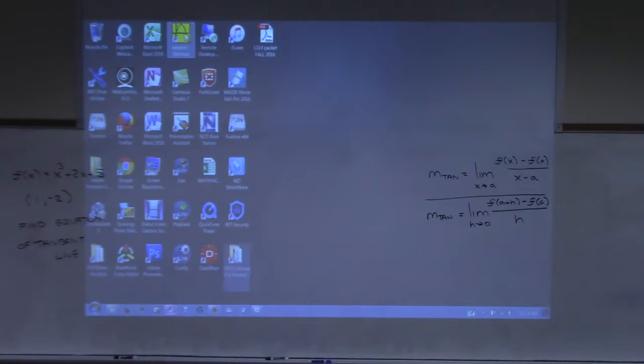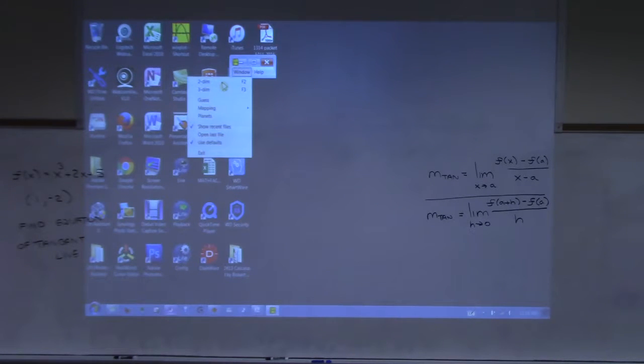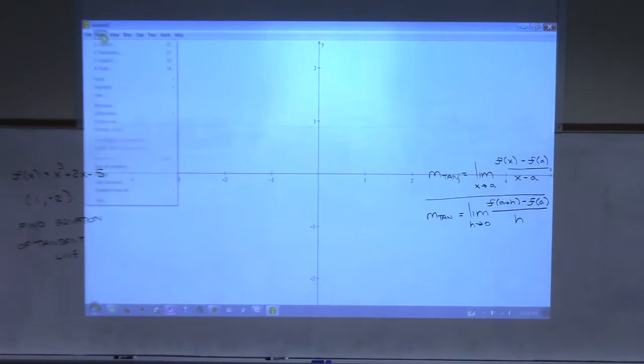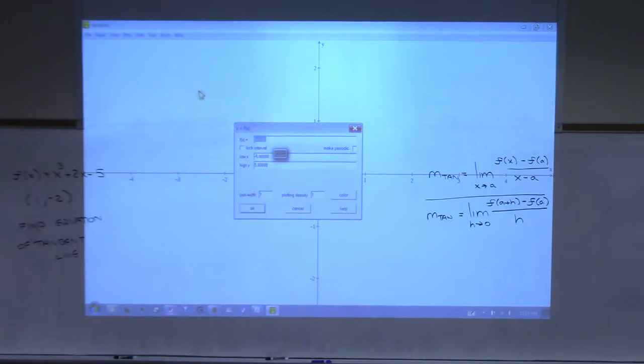I'm sure there's much better graphing stuff out there. But this works. So I'm going to have this graph x cubed plus 2x minus 5. I think I got that right.